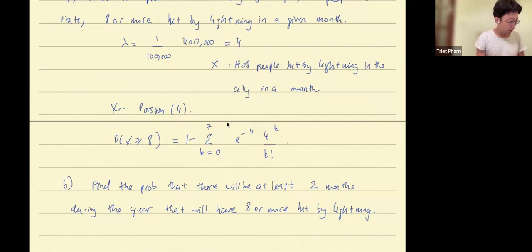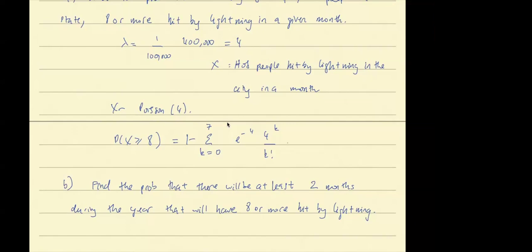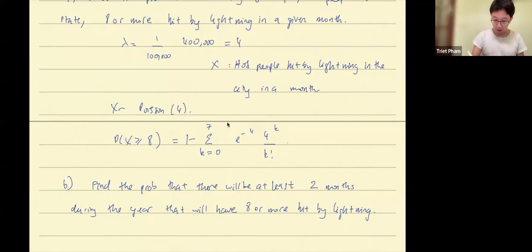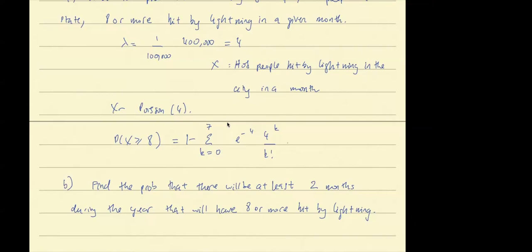Okay, so how do we do this? You stick the probability that you get from the Poisson into a binomial, where n is 12 months and p is the probability of X greater than or equal to 8 from the Poisson.